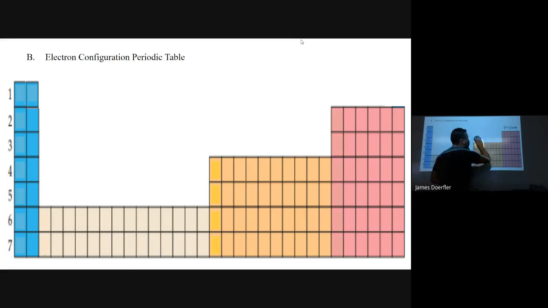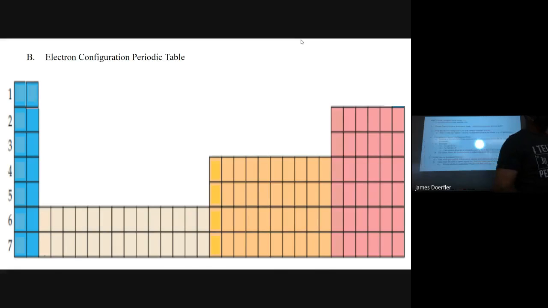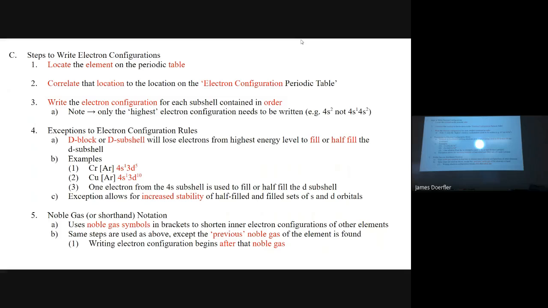Now let's look at how we create an electron configuration. So the steps to writing electron configurations, the first thing is, well, you have to locate the element in question on the periodic table.